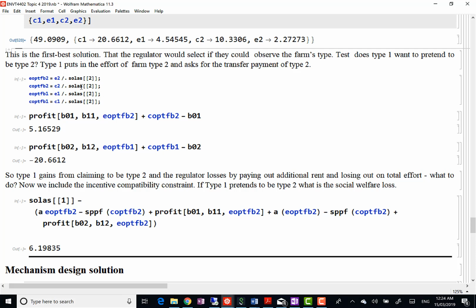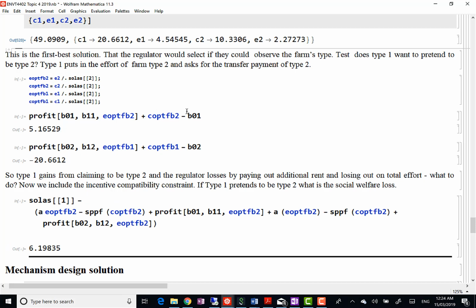We check this by taking the profit function for farmer 1 and substituting in the effort for farmer 2 and the transfer payment for farmer 2, and also the profit without any conservation effort.